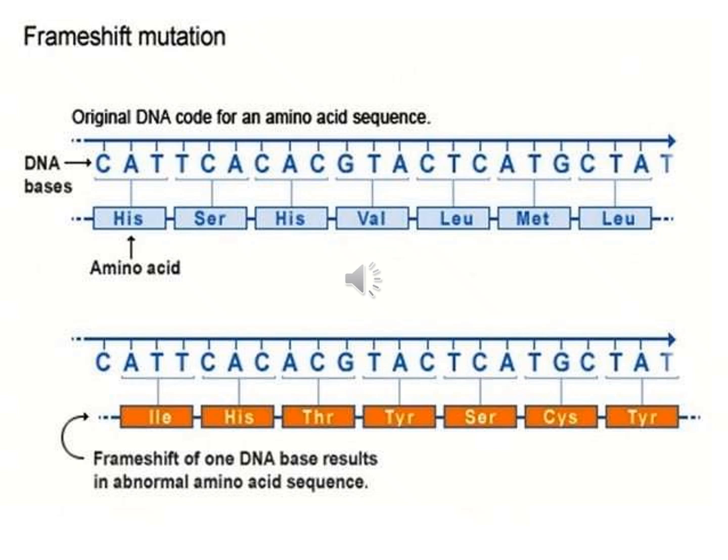And about its basic concept, generally the genetic code is read in triplets. That means we can call them codons. If nucleotides are added or removed, the entire downstream codon sequence gets changed.